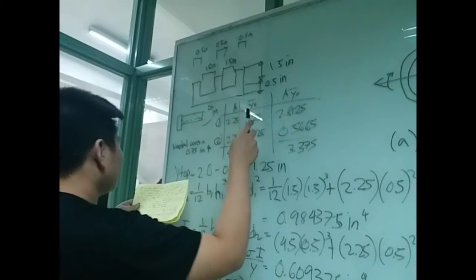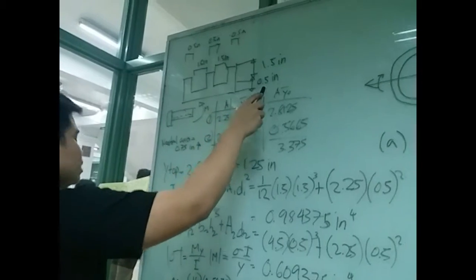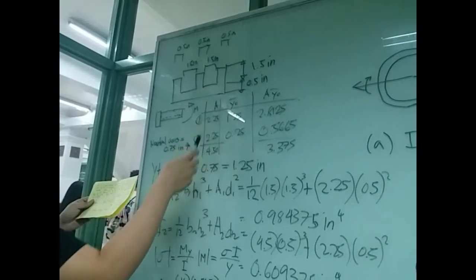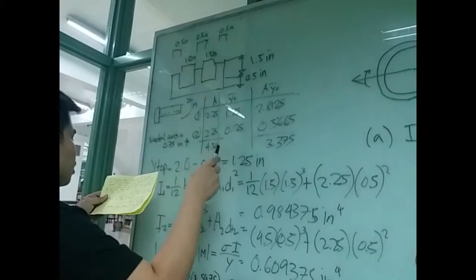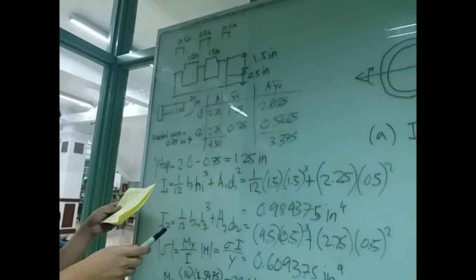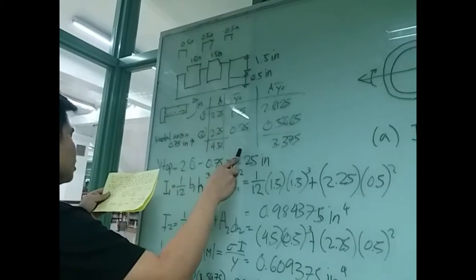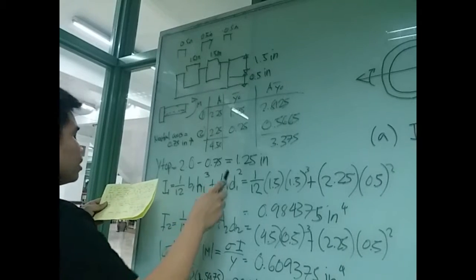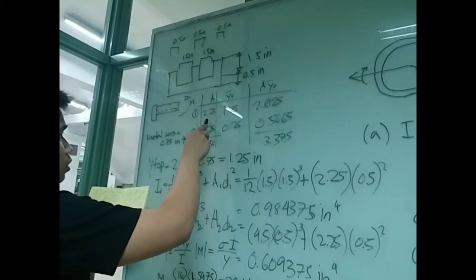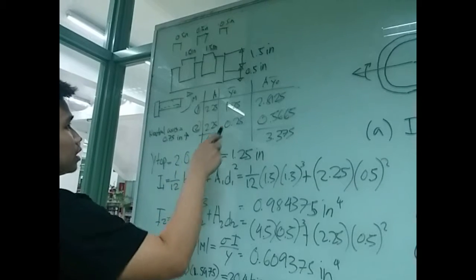With the given allowable stress of 12 KSI in tension and 16 KSI in compression, determine the largest bending moment. Again, another hard problem. What will we do, guys? So let's first determine the areas of the figure to solve for the Y bar. So 2.25 for the first area, 2.25 for the second.